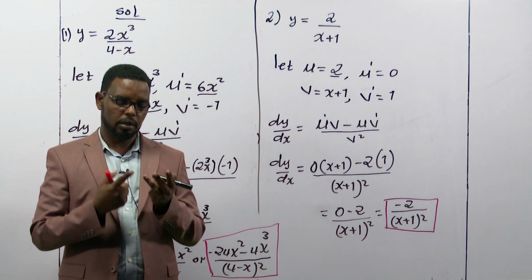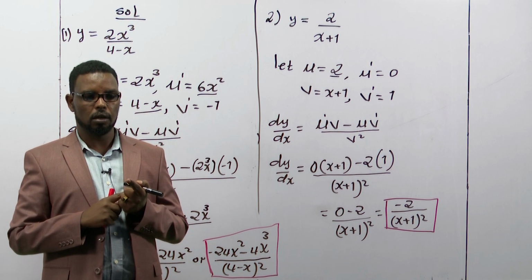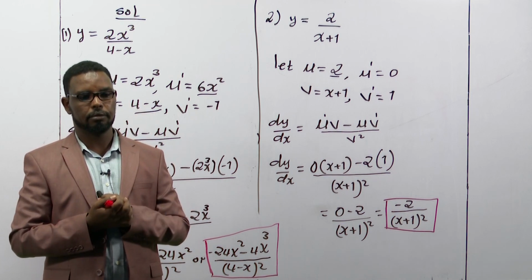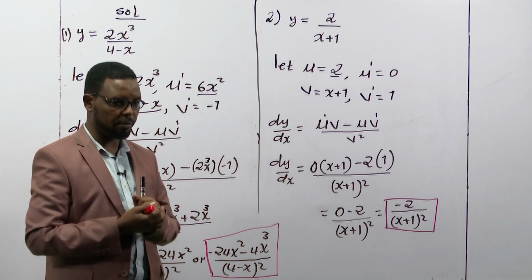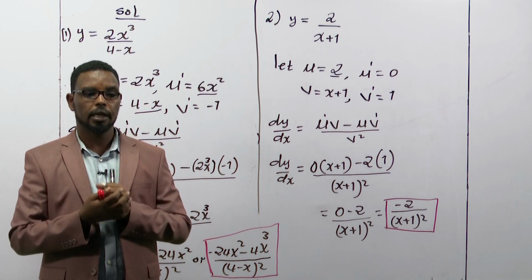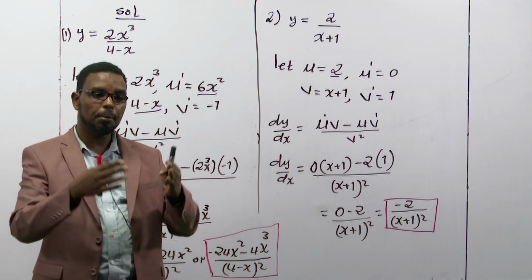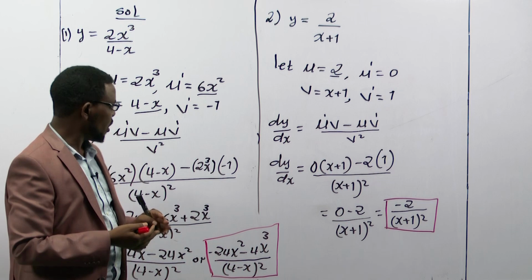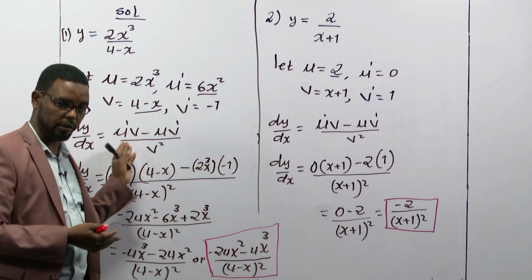Power rule, product rule, quotient rule. We have used those 4 rules so far. Then the second lecture will start from the chain rule, derivative of trigonometric functions, and implicit functions. You should follow all the steps that we have solved for these examples.